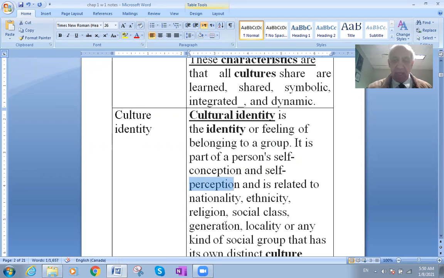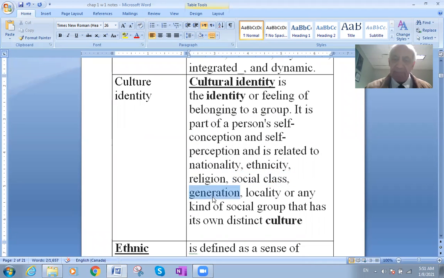And it is related to nationality, ethnicity, religion, social class, generation, locality, and any kind of social groups that have their own distinct cultures.